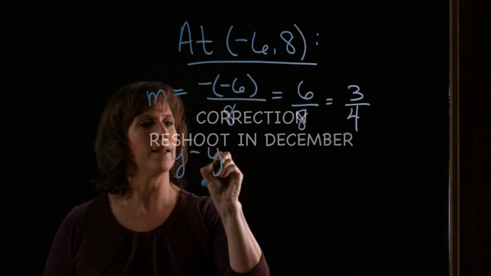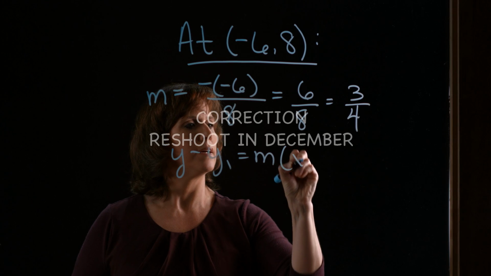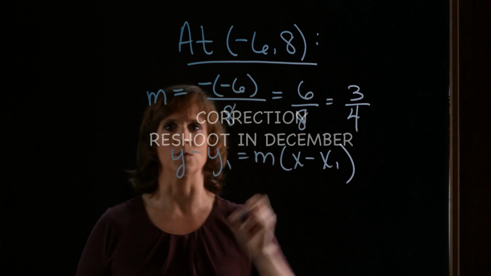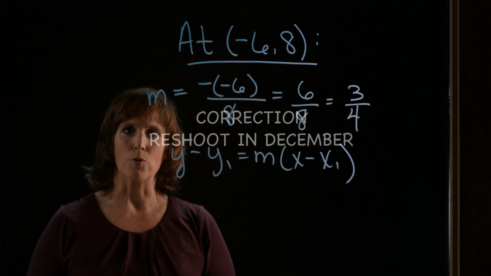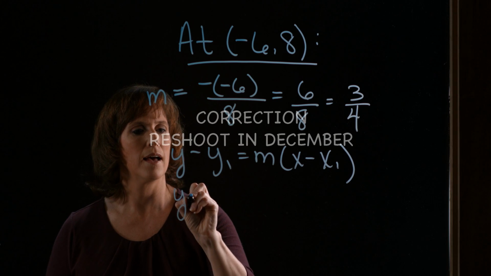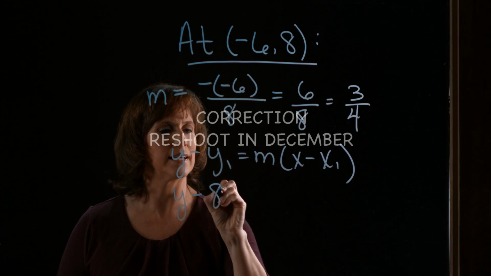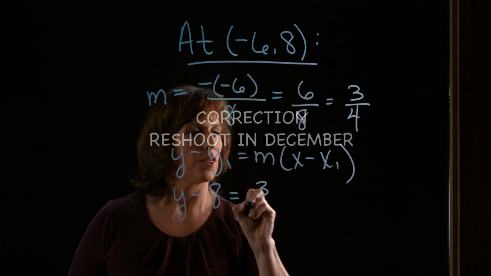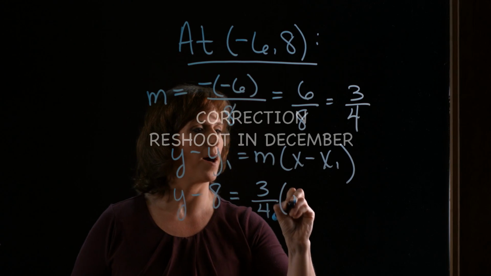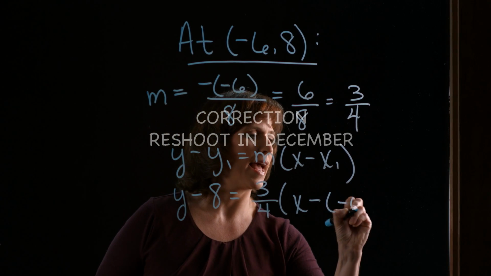y minus y1 equals m times the quantity x minus x1. Plugging in the appropriate information, I have y minus 8 equals 3/4 times the quantity x minus a negative 6.